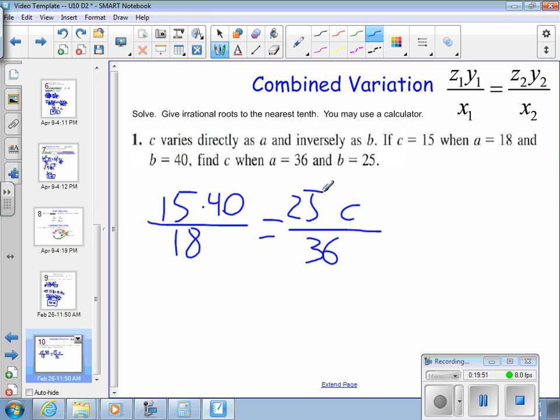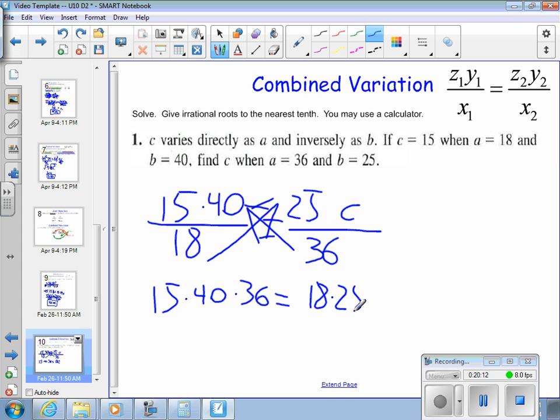Okay, so let's go ahead and cross multiply. So we're going to have 15 times 40 times 36 equals 18 times 35 times C.